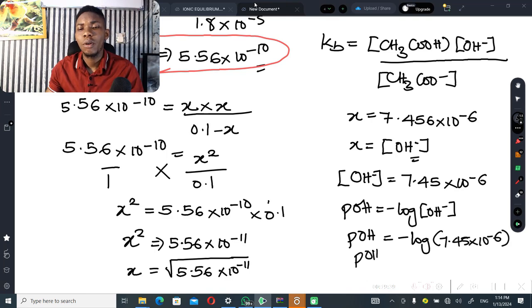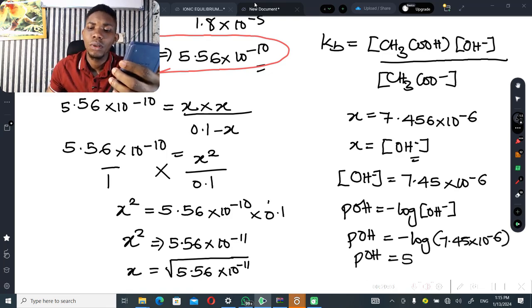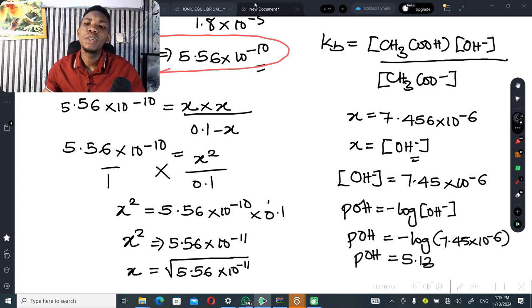So therefore pOH will be, you press that in your calculator, minus log 7.45 times 10 raised to the power of minus 6. That will give us 5.12, 5.13 approximately. So that is the pOH.